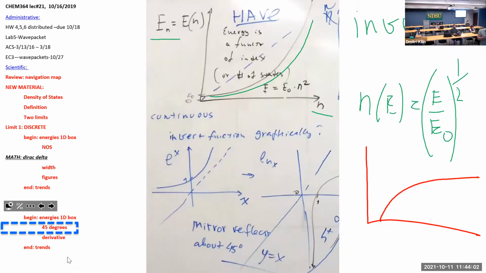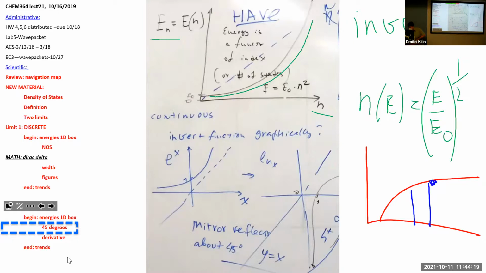So we look at how many states are per energy interval. So we are taking this much minus this much divided by this delta E. Delta N divided by delta E. So basically it's the slope of this curve.